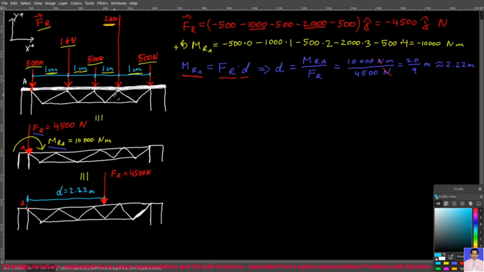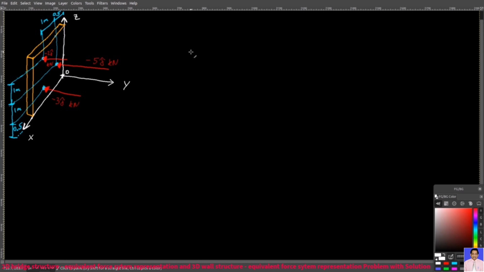Thank you very much. Welcome back. I have a wall here that is subjected to 3 forces in the negative y direction. The wall is on the xz plane. And now your task is to represent this system with one resultant force only, without adding any couple moments.